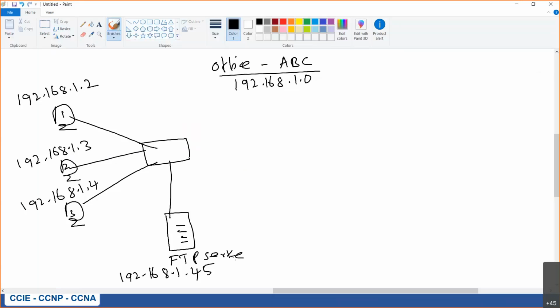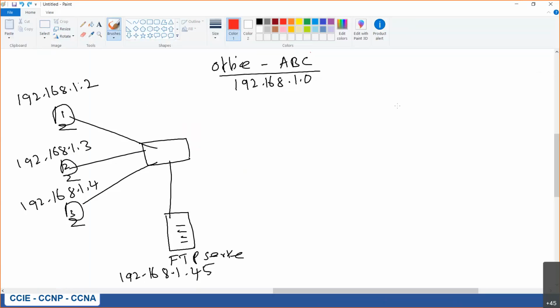Some number IP address I have used. Can all devices communicate with each other? Yes, sir. Why? Because all are in the same network address, right?